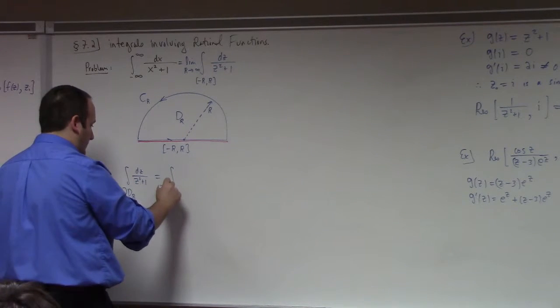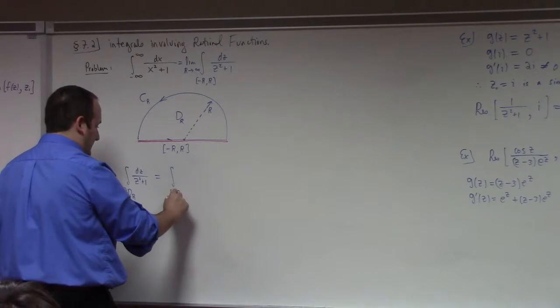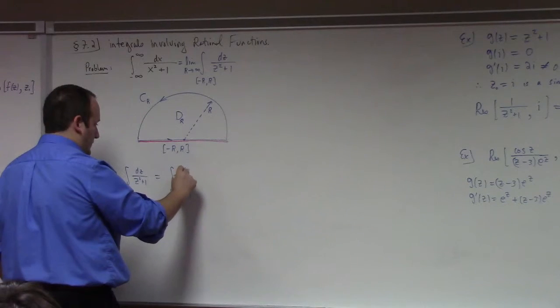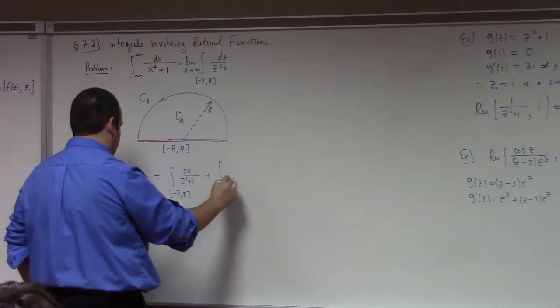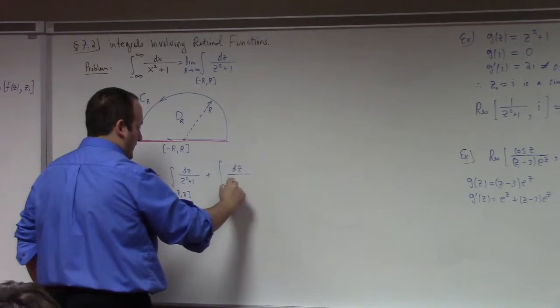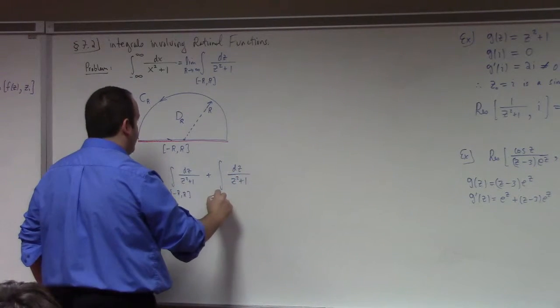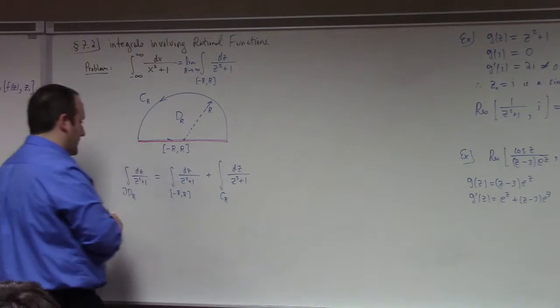It's equal to the integral over the line segment, plus the integral over the half circle, right? You guys with me?